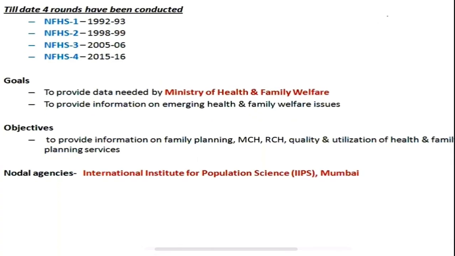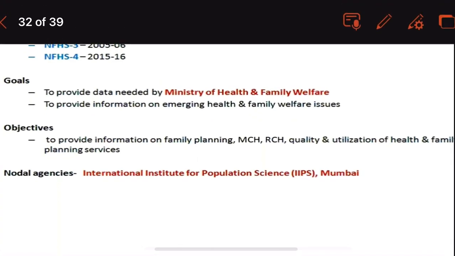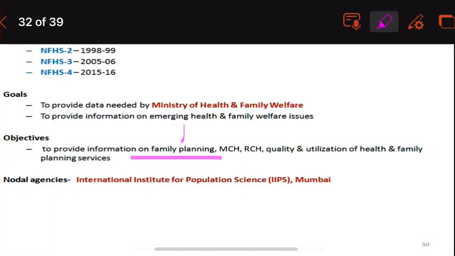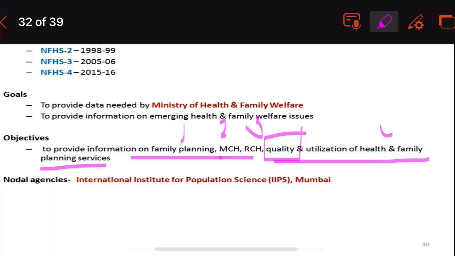So next, what are the objectives? The objective is to provide information on family planning, maternal and child health care, reproductive and child health care, and the quality and utilization of health and family planning services. What is the quality of these services, and how much is the utilization?